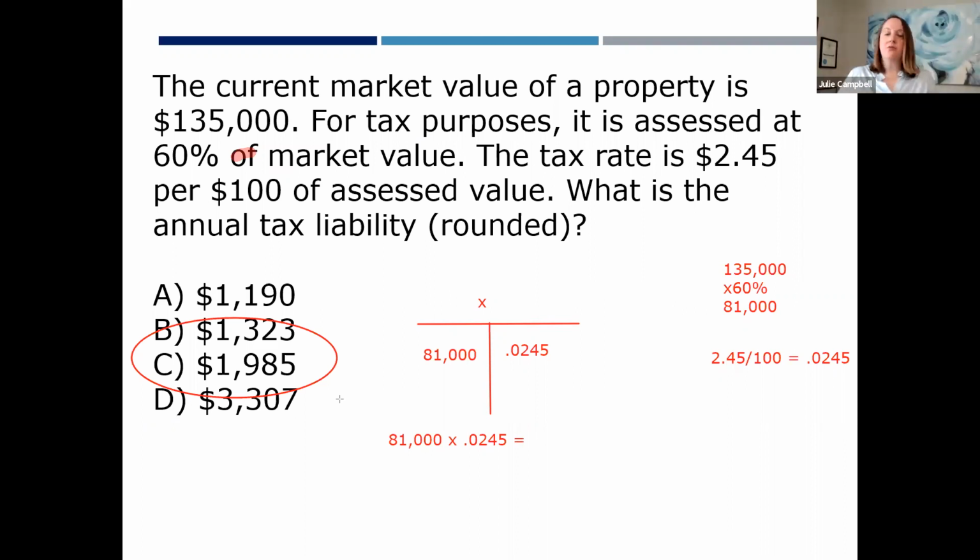Oh, yeah, so we're asking for the annual. And again, knowing that formula, when we solve it, we're solving for annual. So we don't need to take an extra step because that's our X. That's what we solved it for. Okay. Other questions or comments?